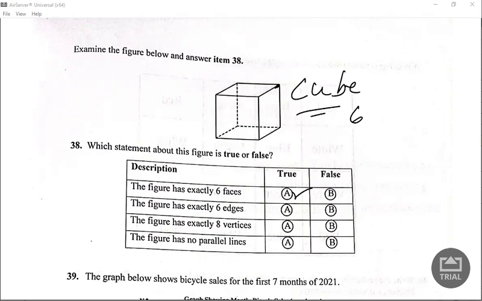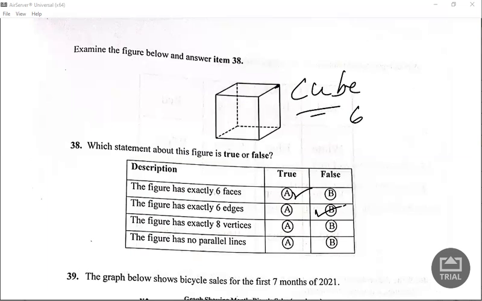That is not true. So you have 1, 2, 3, 4. No, it has 12 edges. So that would be false. The figure has 8 vertices. Now the vertices is where the lines meet. So yeah, that would be correct. So we have 8 vertices. And the figure has no parallel lines. That is false. It actually has parallel lines.